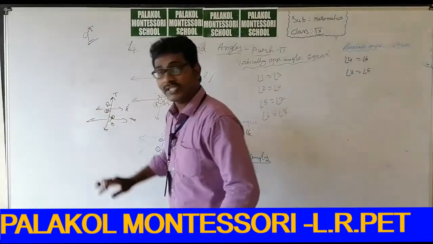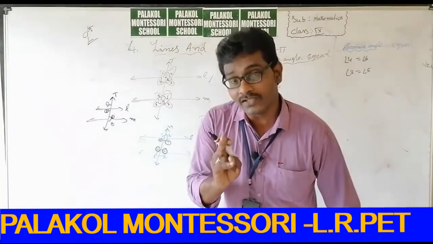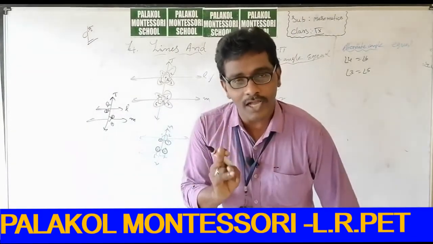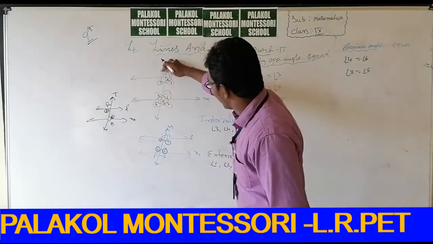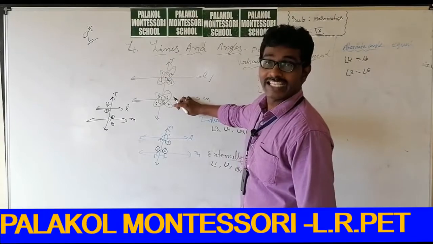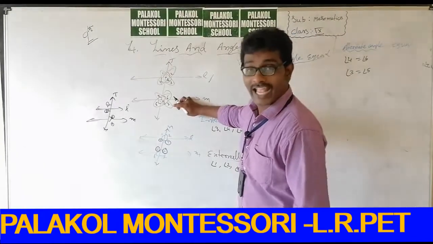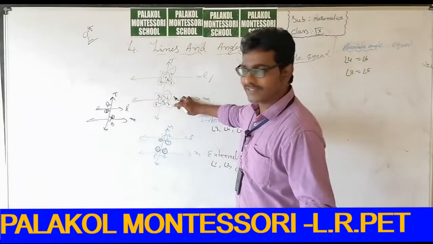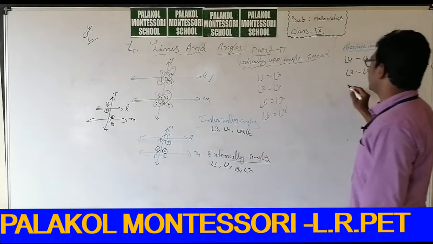So that type is called alternate angles. The alternate exterior angles are also equal. That means angle 1 and angle 7 are alternate exterior angles and are equal. Angle 2 and angle 8 are also alternate exterior angles and are equal.